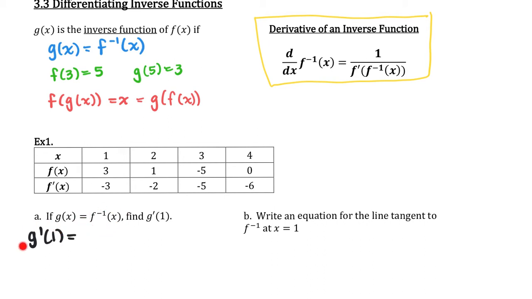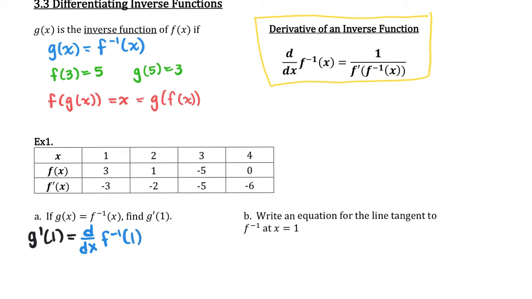So I'm finding the derivative of g of x at 1, which means I'm really finding the derivative of f inverse of x at 1. But I don't want to write f prime of -1 because there's so much going on, so I'm going to find the derivative of f inverse of 1.